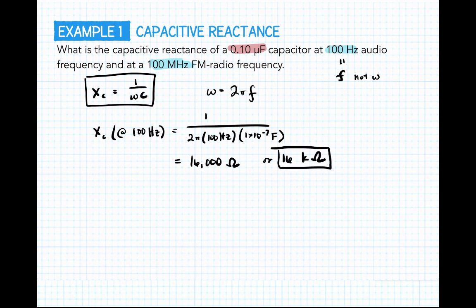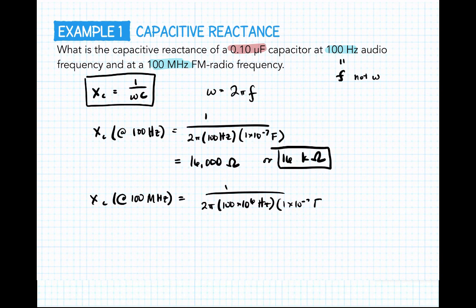For the other value, that's going to be 1 over 2 pi times 100 megahertz, so 100 times 10 to the 6th hertz, times 0.1 times 10 to the negative 6 farads. You can see 10 to the 6 and 10 to the negative 6 go away, so you end up with 100 times 0.1 times 2 pi.